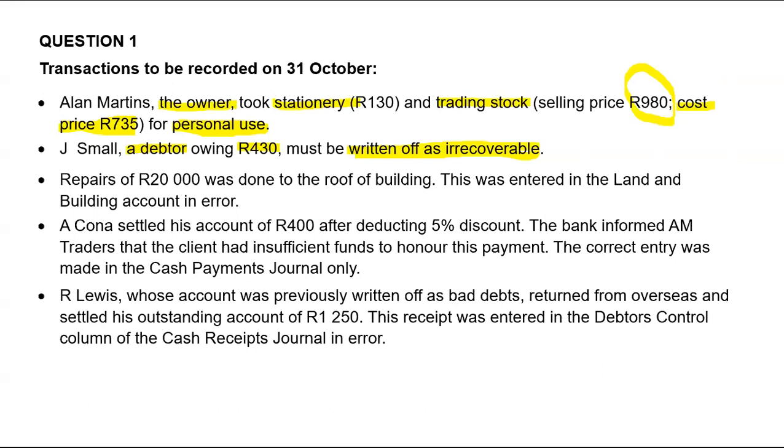The correct entry was made in the cash payments journal only. In this transaction, you will notice that A corner is a debtor and A corner was owing us 400 rand. But A corner only paid us 400 rand minus 5% discount.